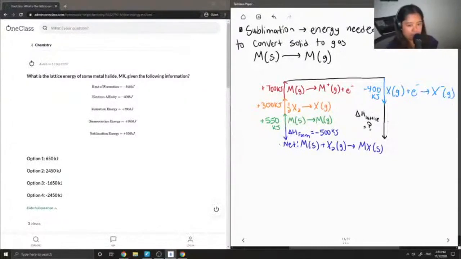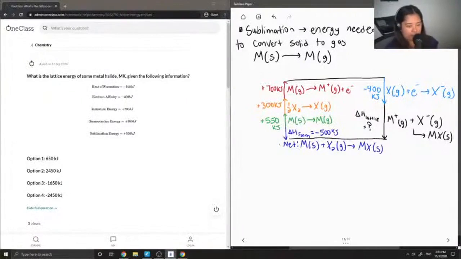So again, just to refresh, this is when we have our ionized metal, our ionized halide coming together to form the final product, MX solid. So here you can see that our cycle is now complete.